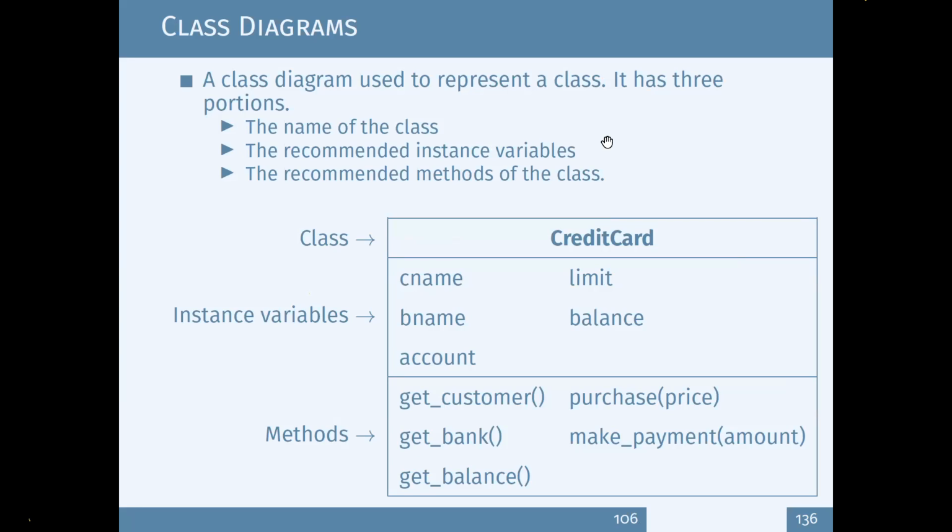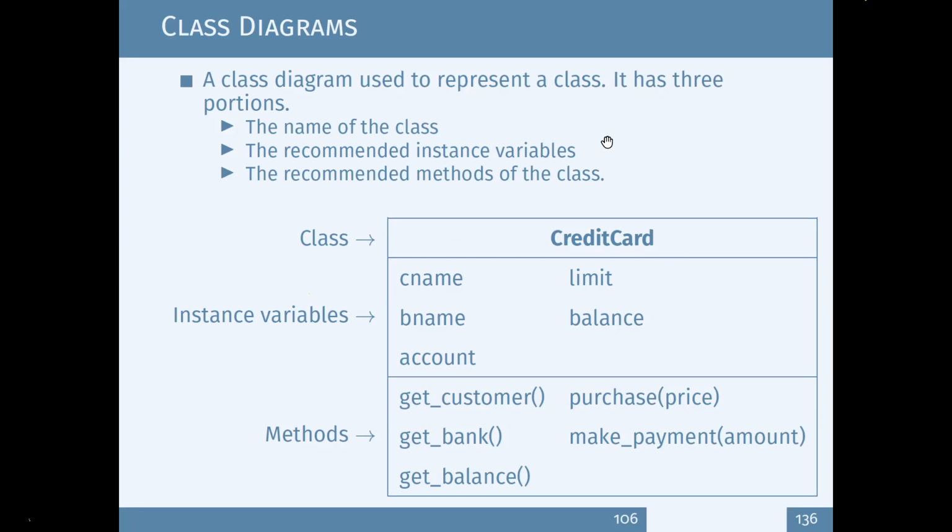Now, to represent classes, there are different representations. One common representation for object-oriented programming is what we call class diagrams. A class diagram is a kind of graphical representation like ER diagrams, where we can represent different classes and their interactions.